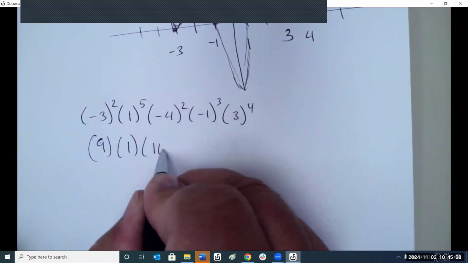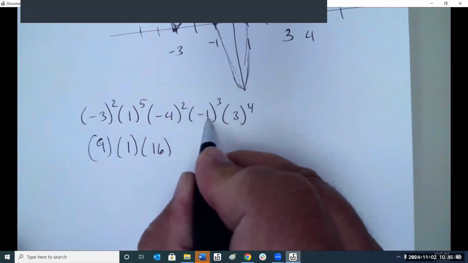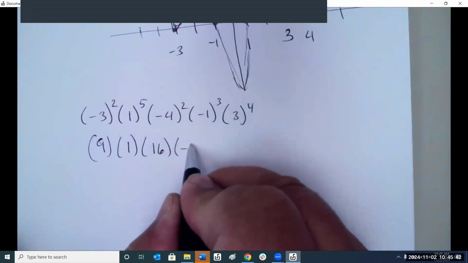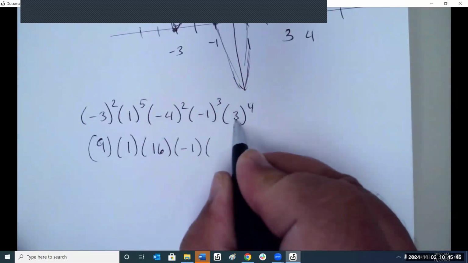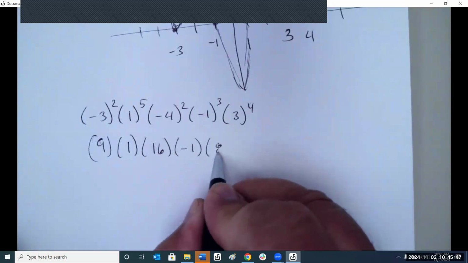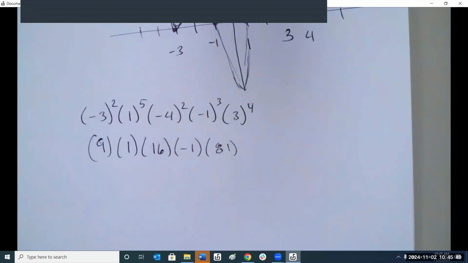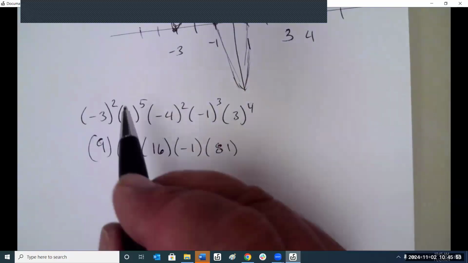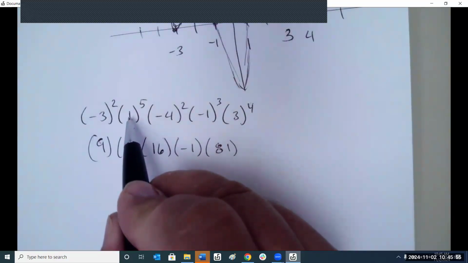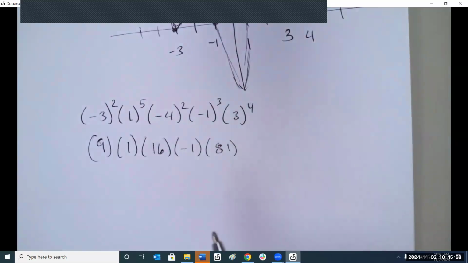Negative 4 squared is 16. Negative 1 cubed is negative 1. And 3 to the 4th is 81. 1 to the 5th is 1, 1 times 1 times 1 times 1. Right. So the answer is going to be negative.